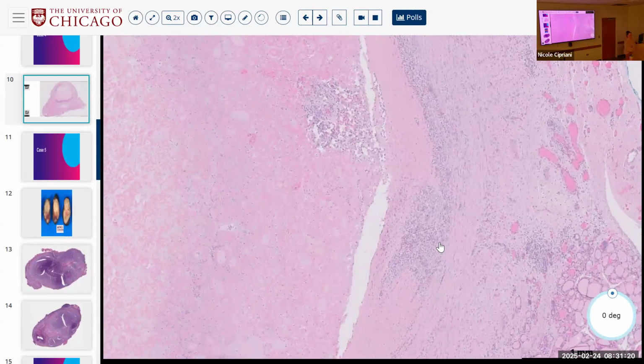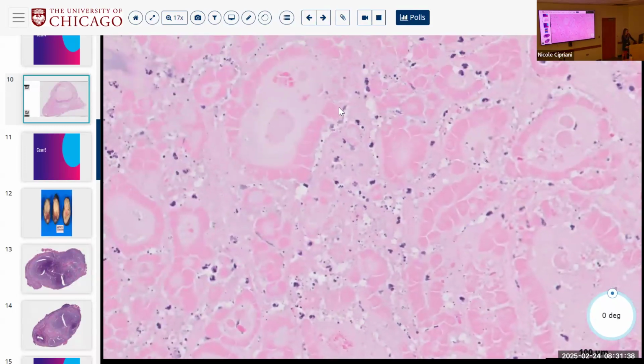So, who 100% knows what's going on here? Ischemia. So, one, you have basically complete death of whatever is happening here with ghosted outlines of follicles, right?